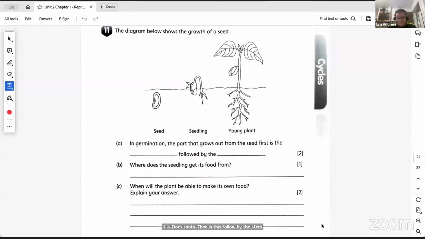All right, very good. Thank you very much. So yes, you are right. The part that grows first is the roots, followed by the shoot. We don't call it a stem, you call it a shoot, all right? So where does the seedling get its food from? It gets its food from the food that was stored in the seed leaves, all right?